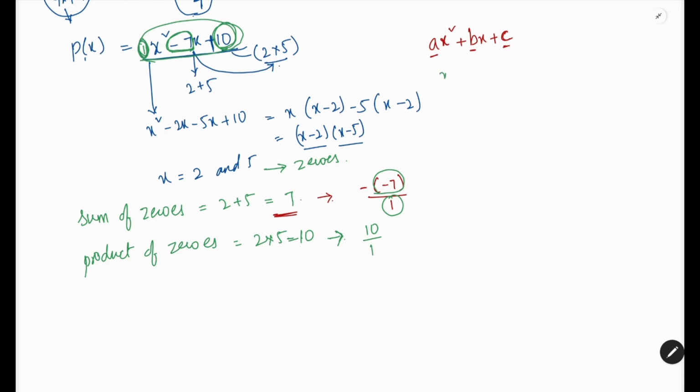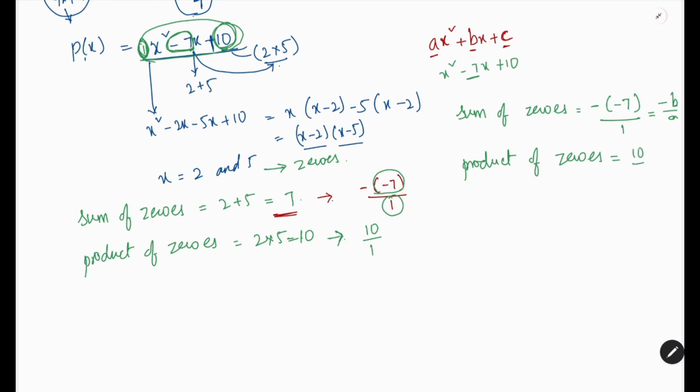If you compare x square minus 7x plus 10, the sum of zeros equals minus 7 by 1 equal to minus of b by a, and the product of zeros equals 10 by 1.